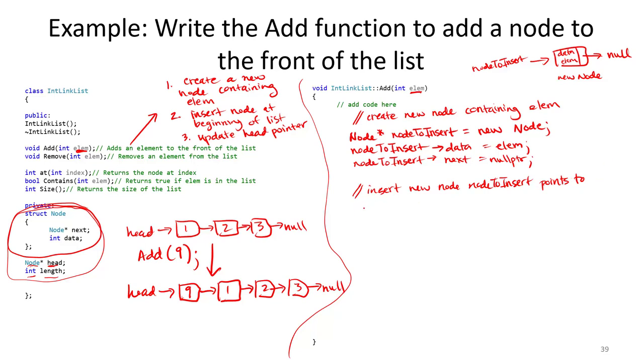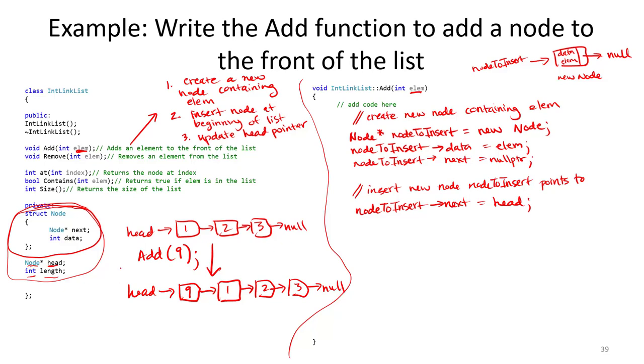And so in this case, all we need to do is update the new node and make it in the front of our list. So here we just write node to insert, and we make its next pointer point at head of our existing list.